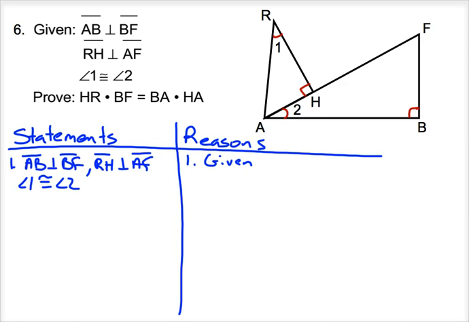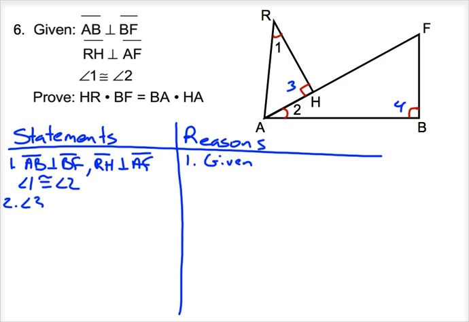I already know angle 1 is congruent to angle 2. The other two angles, I don't have them congruent yet, I just have that they are perpendicular. So let's state that the perpendicular lines form right angles, and then that the right angles are congruent. I'm going to make my life a little bit easier and just call this angle 3 and angle 4.